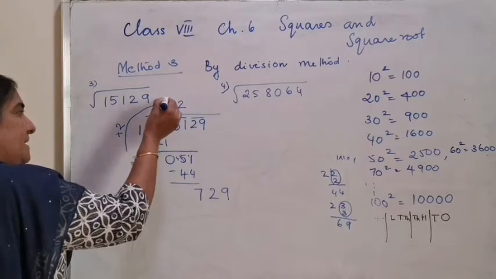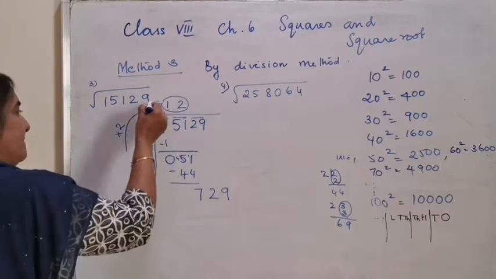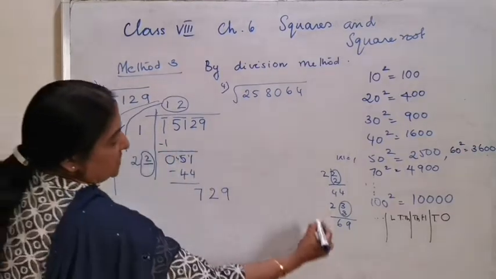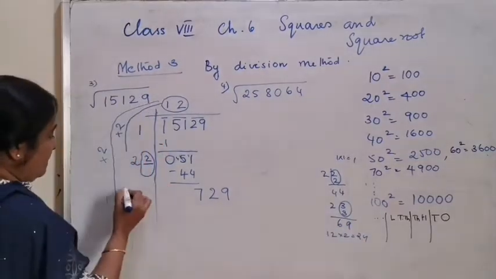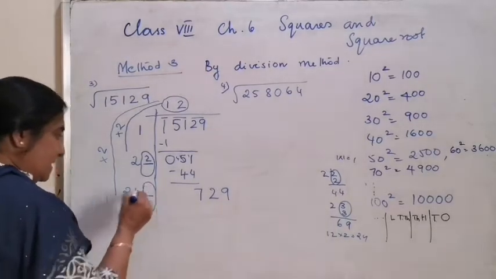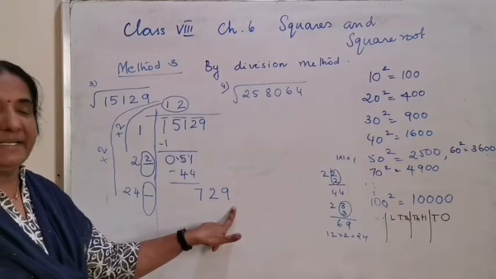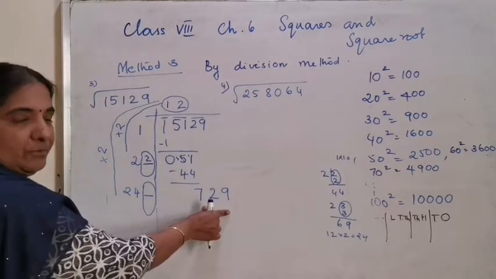The next step is the whole of 12 will be multiplied with 2. What is 12 into 2? It is 24. Provide a gap here so that if you multiply with the same digits, the answer is coming to 729 because the last 2 digits have already been brought down.